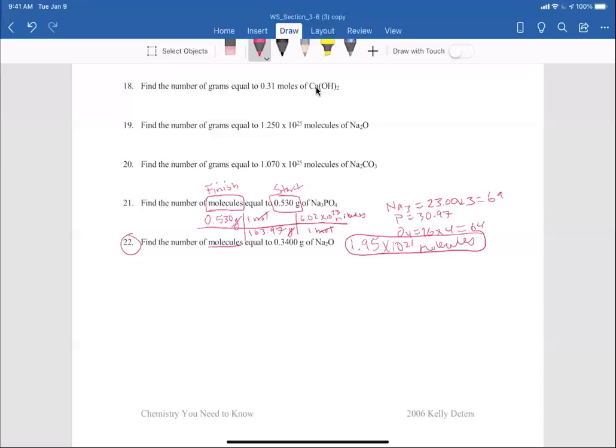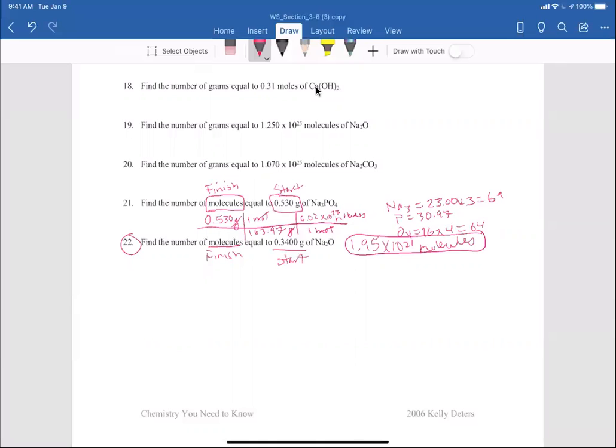So molecules, this is our finish. Where are we starting? The molar mass. Yep, this is where we start.